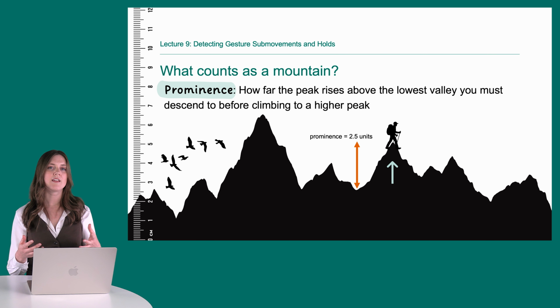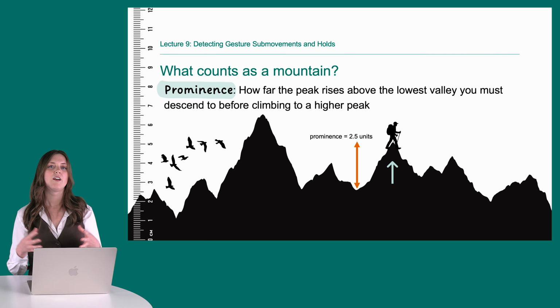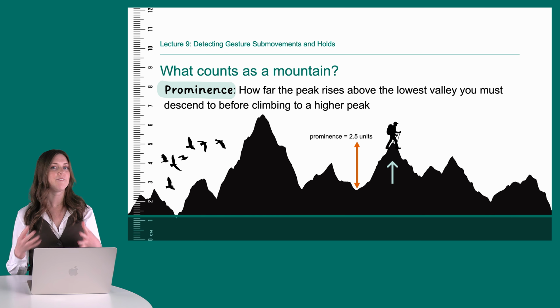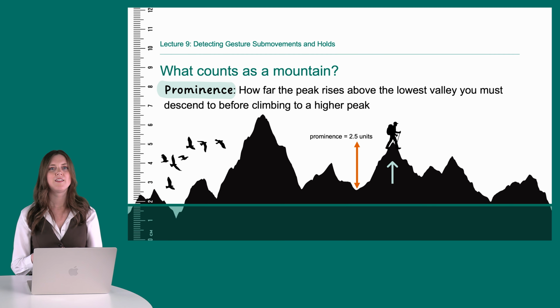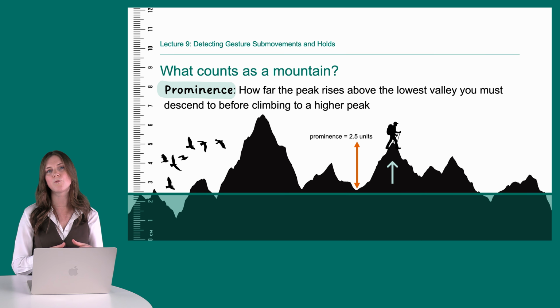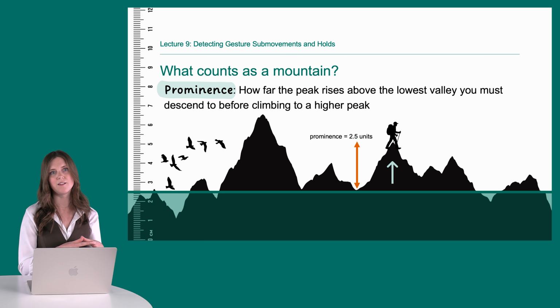Another intuitive way to think about prominence is with a flooding analogy. Imagine water slowly rising over the landscape. At first, everything is connected. As the water rises, valleys flood and peaks begin to form islands. The prominence of a peak is the height from the top of the peak down to the water level at which it merges with a taller peak.